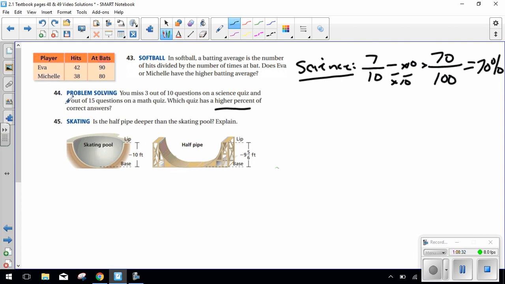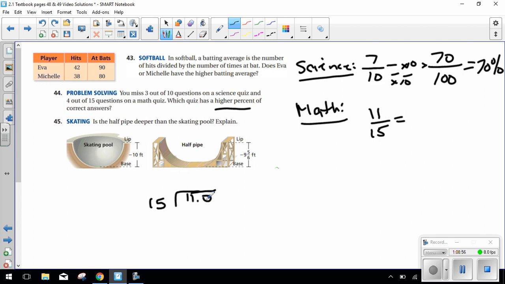For math, if you missed 4 questions out of 15, well, 15 minus 4 is 11 out of 15. And I really can't multiply this by anything to get to 100, so I'm stuck going to a decimal. 11 divided by 15.